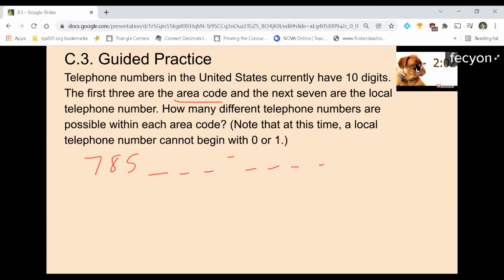Like, I bet you they don't let you have the first 3 numbers as 911 either. Or 411. Or anything 11, to be honest. But we'll just deal with those 2 restrictions. First number can't be 0, first number can't be 1.